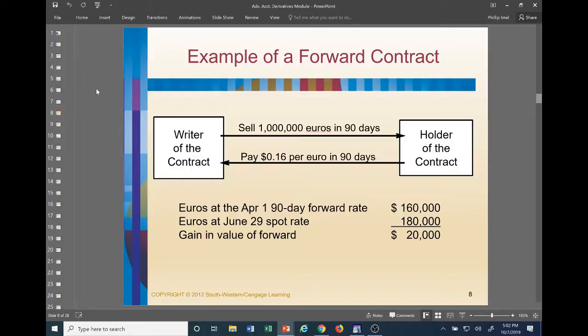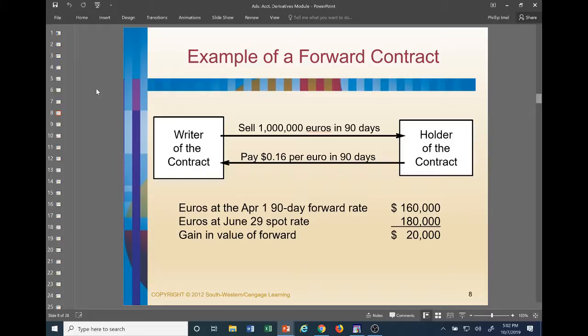Now we get the $180,000 because we assumed the spot rate at the forward date is 18 cents. So just as we got the $160,000 by doing 16 cents times a million, we do 18 cents times a million, which gives us $180,000.